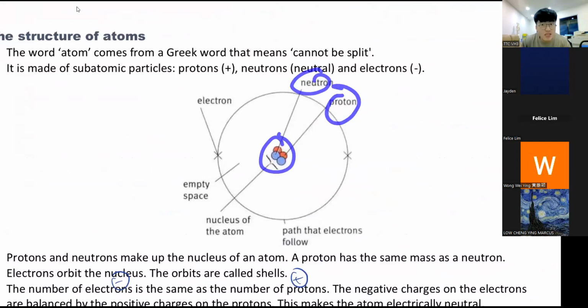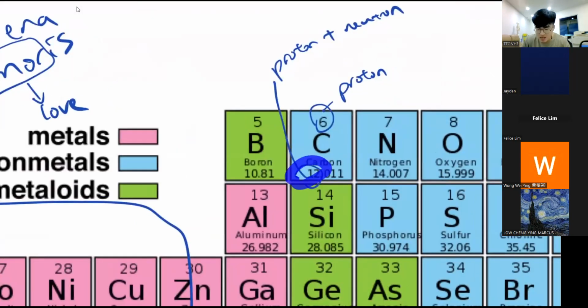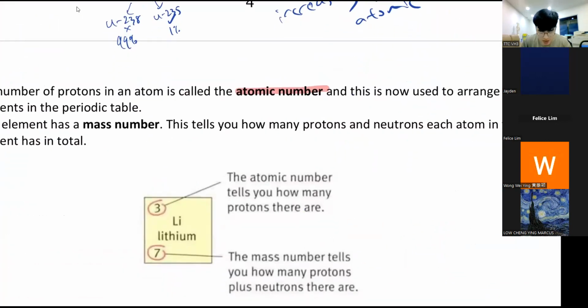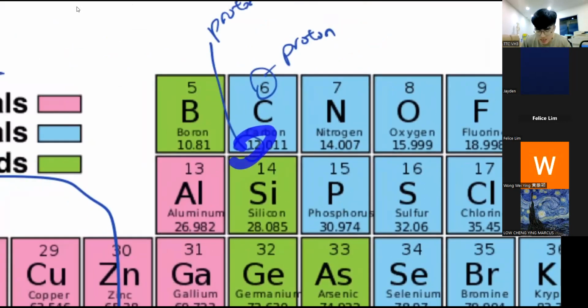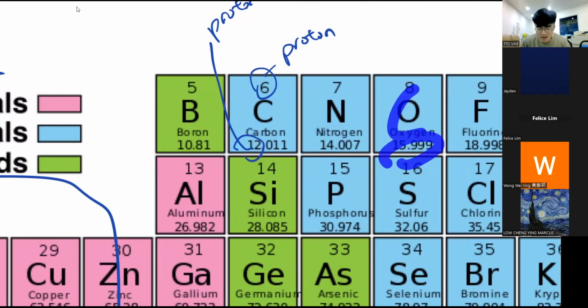The total number is what we call the atomic mass. The smaller number is the proton number, your ID number. Usually this is what you see in the periodic table. You can ignore the decimals and just take the whole number, like 12, 14, 16. Oxygen is 16.